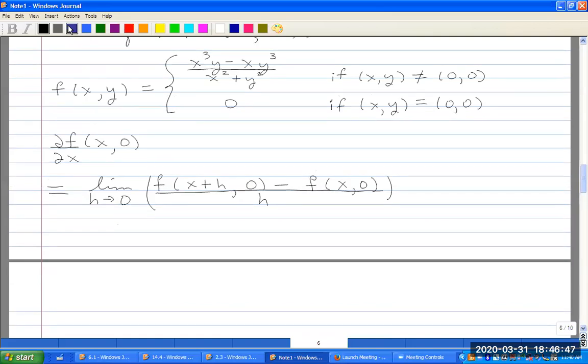Actually, I know that at 0, if I plug in y equals 0, I'll just get 0, but I guess I should show that.